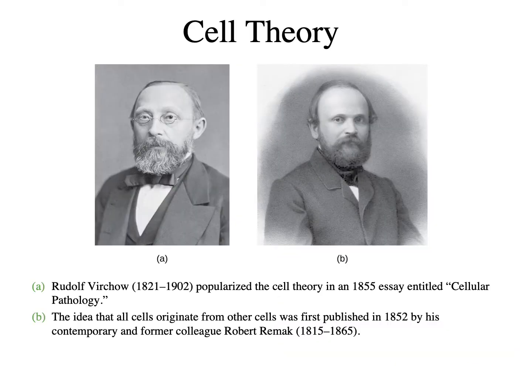Both Virchow and Remak continued upon this cell theory that Robert Hooke began. They believed that the cell theory was absolutely true, that living organisms are made up of cells, that cells are the basic structural, organizational, and functional unit of all organisms, and that all cells come from pre-existing cells.